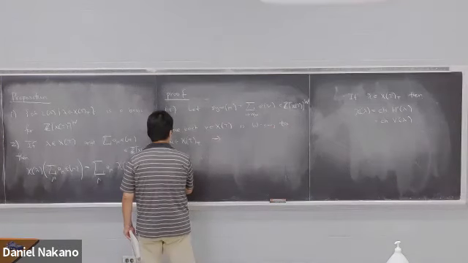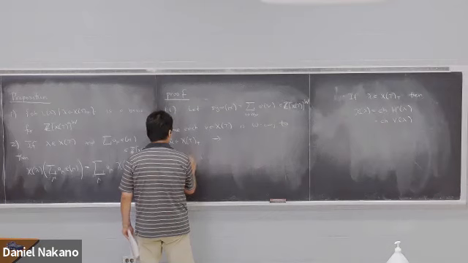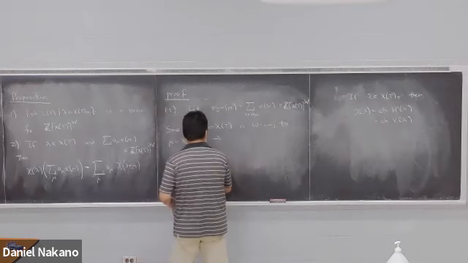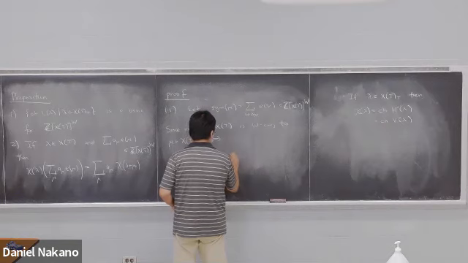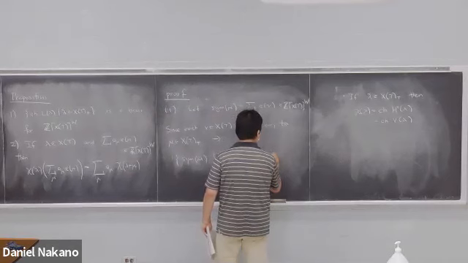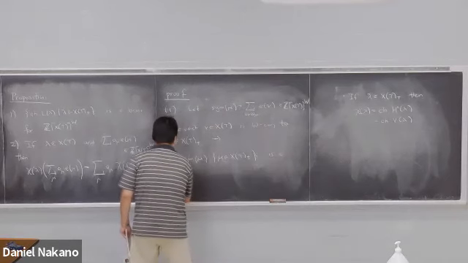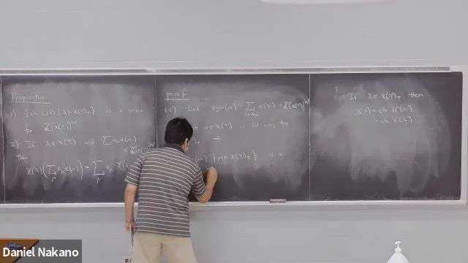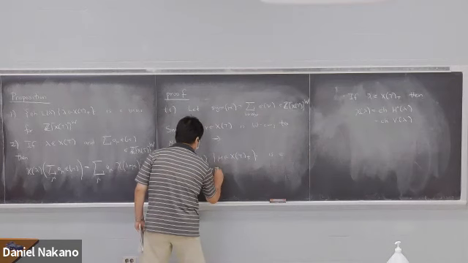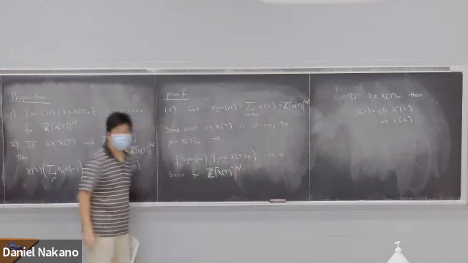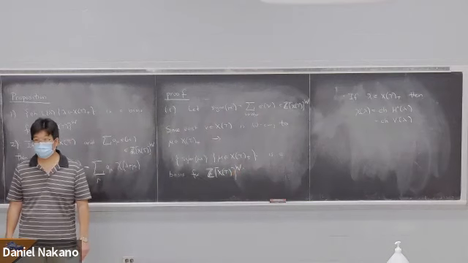So if I take these elements such that mu is dominant, this is a basis for the ring. Does that make sense?